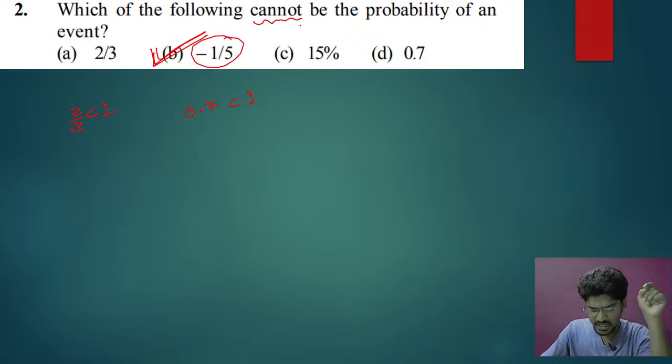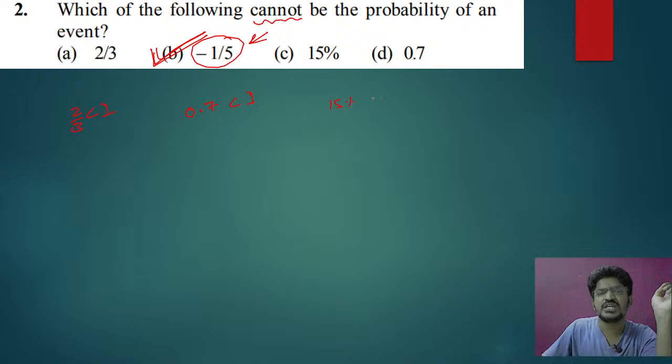Option B will be the answer. So about 15%, you just see 15 by 100. If you solve 15 by 100, it will be lesser than 1. No problem. So therefore minus 1.5 is not your probability.